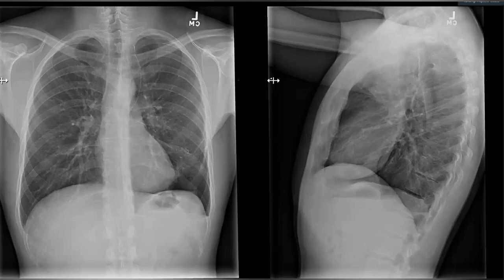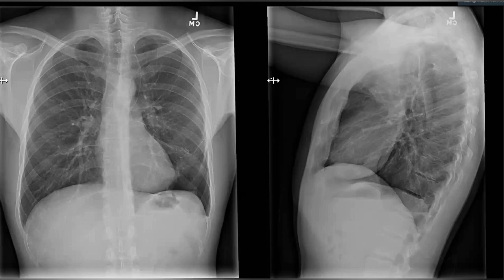So there is an opaque line along the left paraspinal region, traveling from the apex up to below the level of the aortic knuckle. Okay. Can you follow that line elsewhere? Yeah, it's going down. What do you think it is?